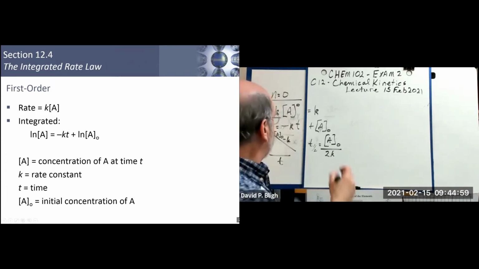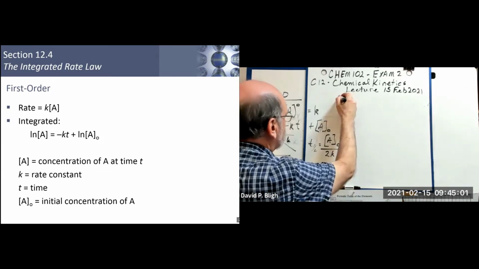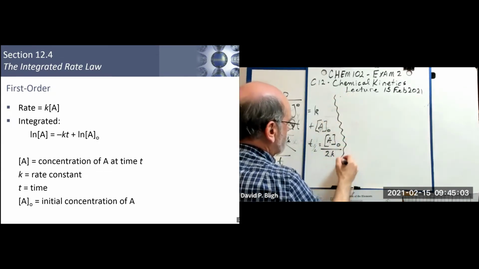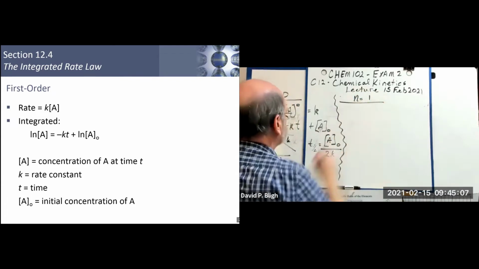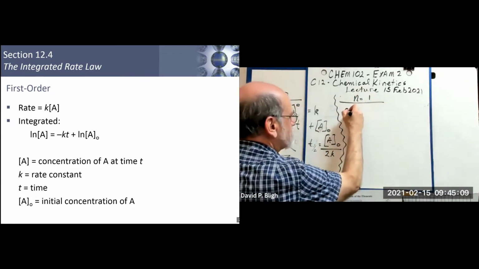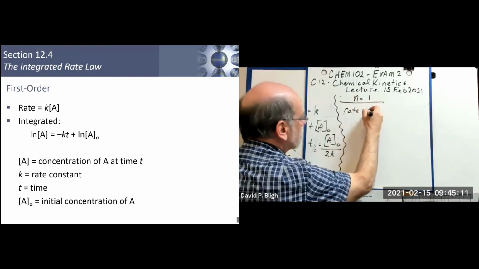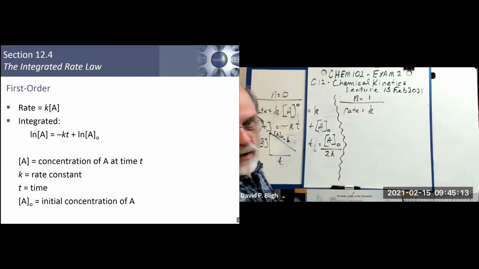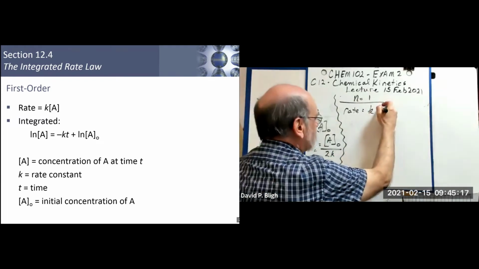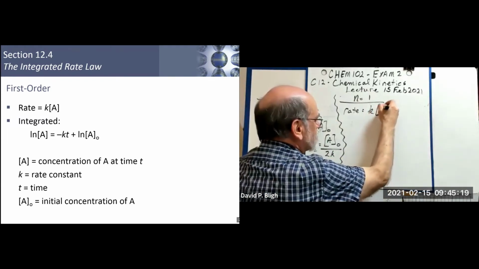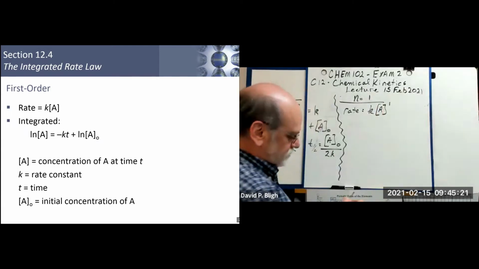So a first order reaction, n equals 1, we would have the rate equals K, and of course this will be a different K than that one, times the concentration to the first power.